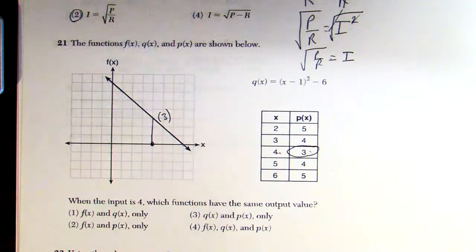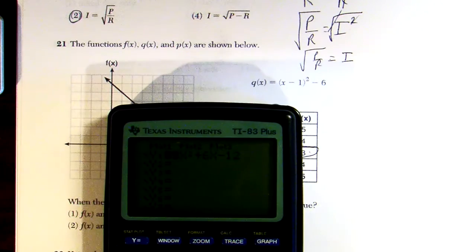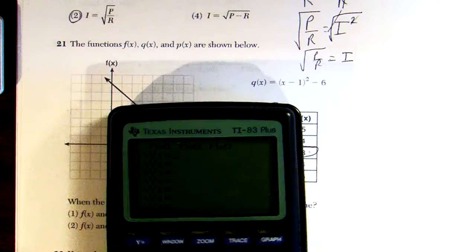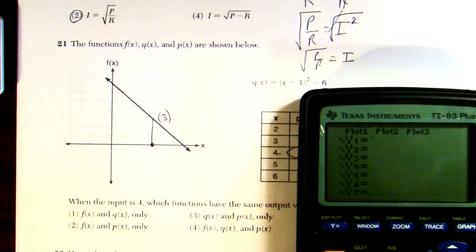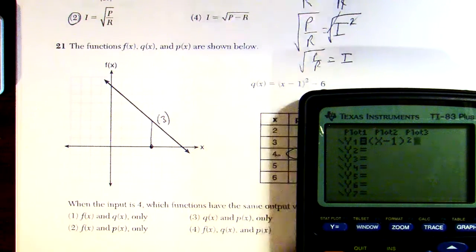So we have a calculator that does the work for us. Go to my y equals, clear anything that's in there, and now I'm gonna put it in. So the function is a parenthesis x minus 1 squared and then a minus 6.